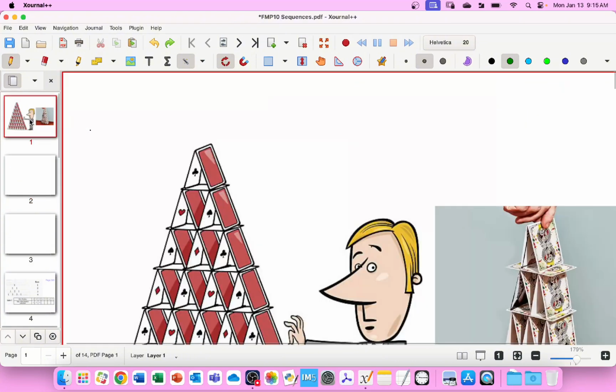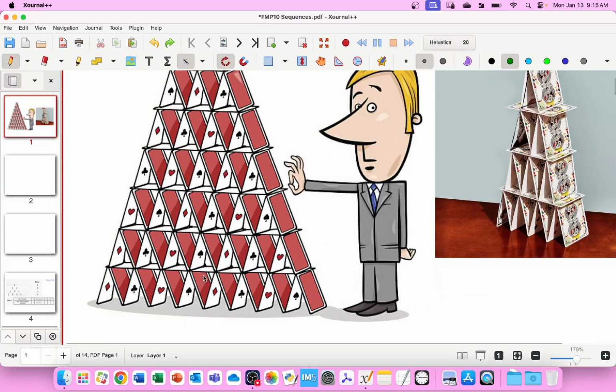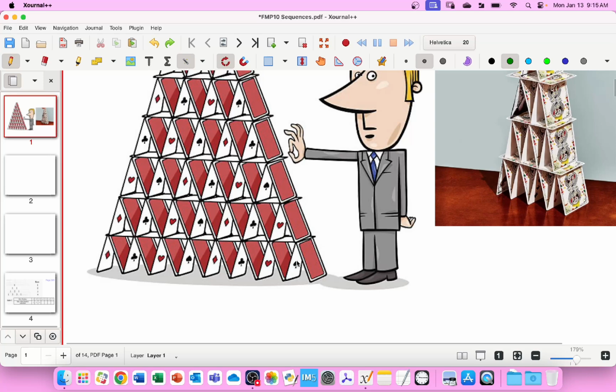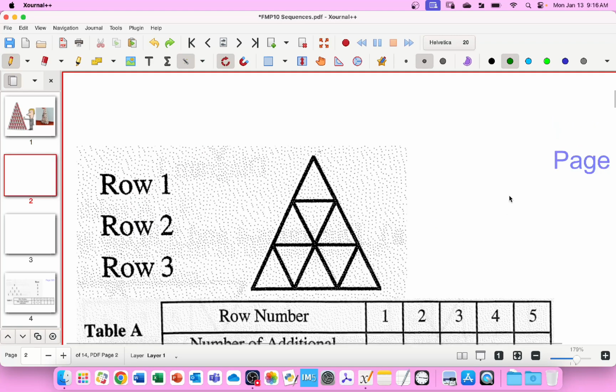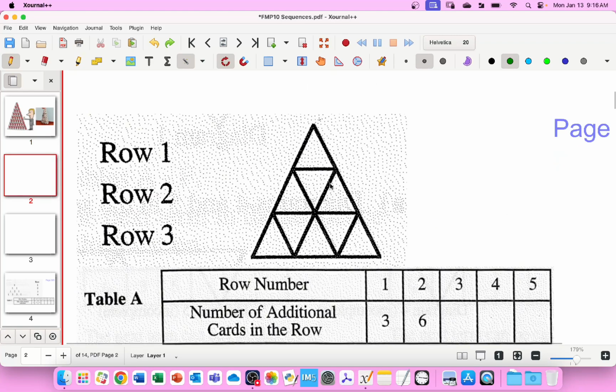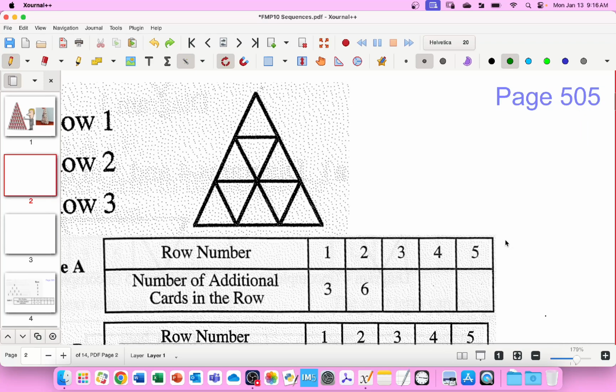Obviously, you would have to set up the bottom row first and then move to the higher row. But let's just imagine that we could continue this onwards. So let's take a little bit of space here maybe.